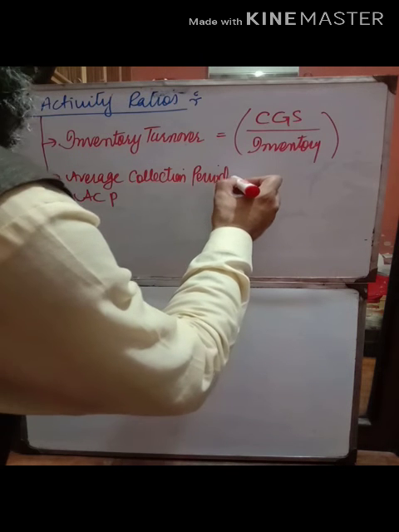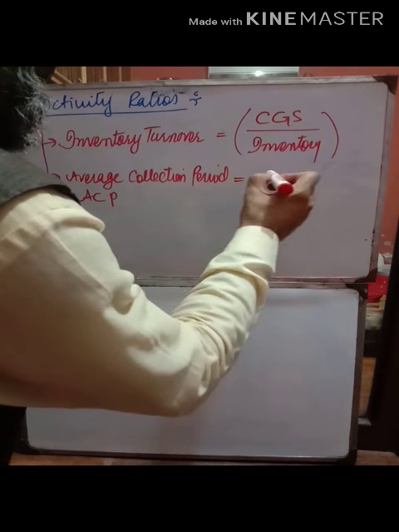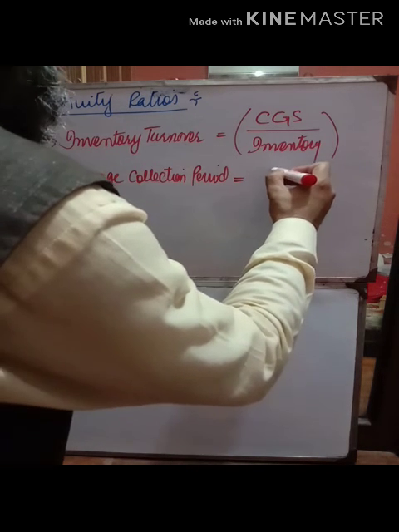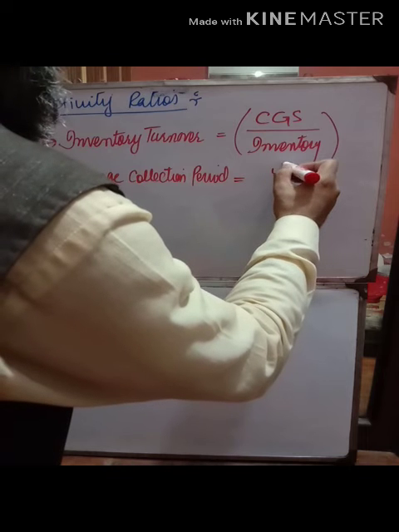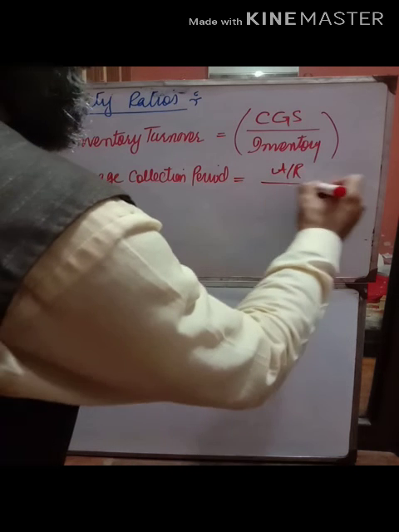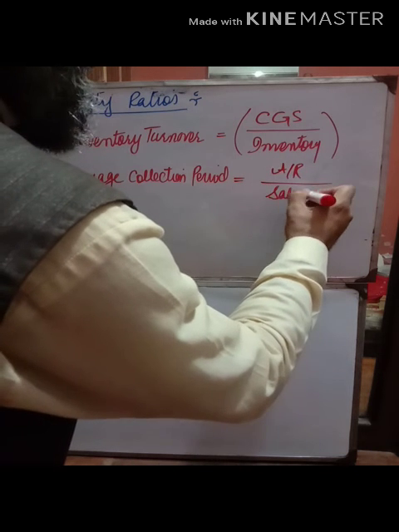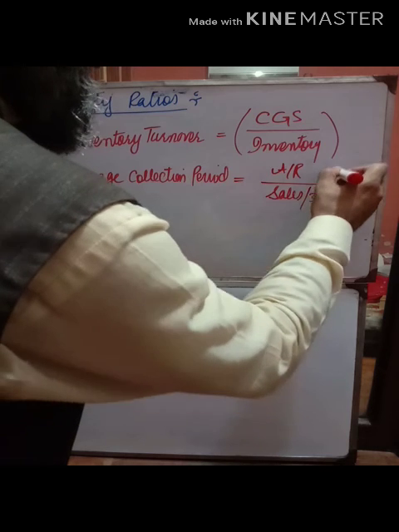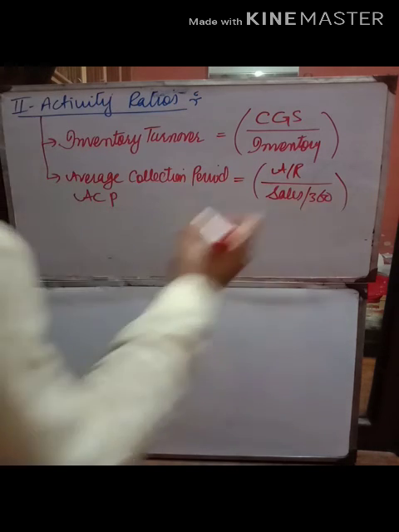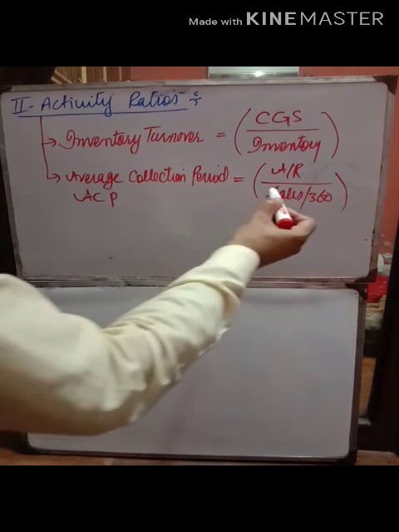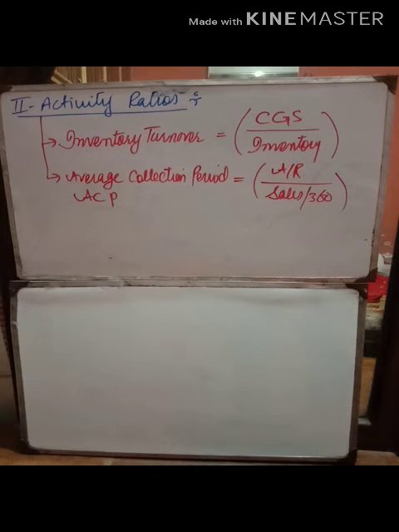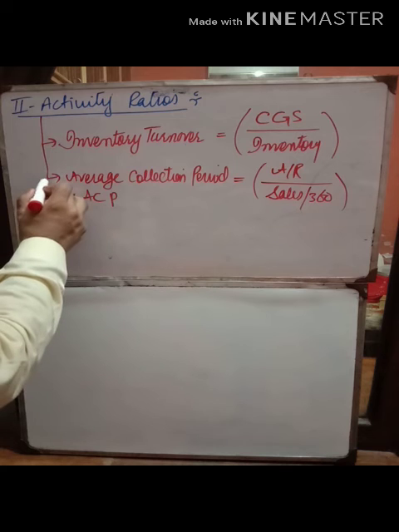ACP, or average collection period, is calculated as accounts receivable divided by sales per day. You may calculate sales per day by dividing the sales by 360 or 365 days, as per your current year.